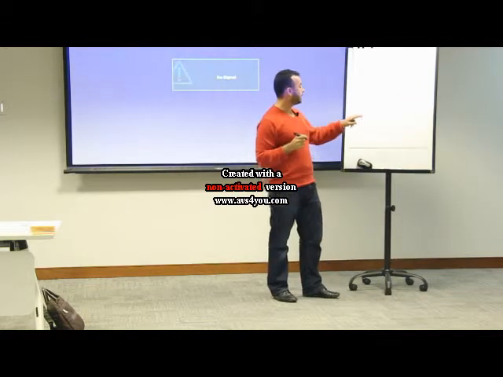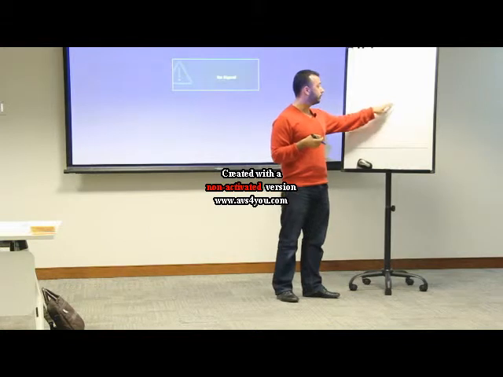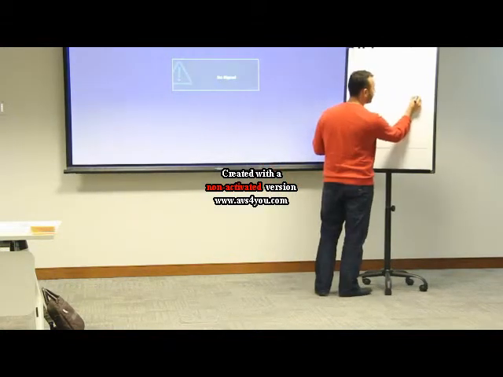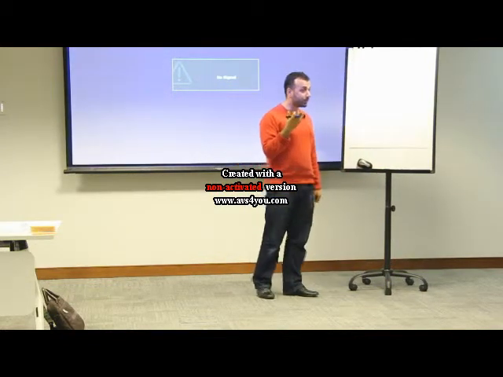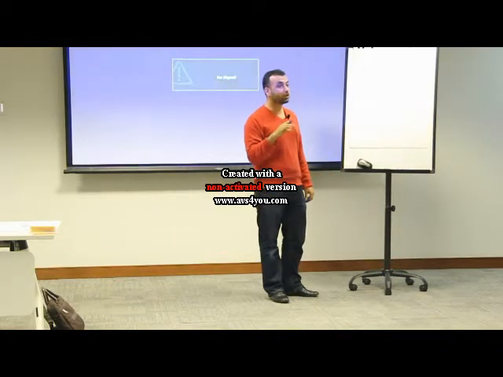Now, in Arabic, to make this word definite, we need to add the definite article, al, so it will be al-shay. The problem with the Spanish scholars was that they could not render the sound sh in the word shay.